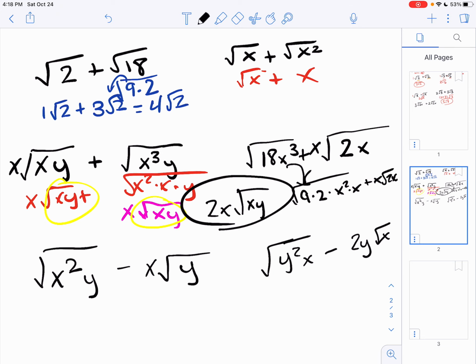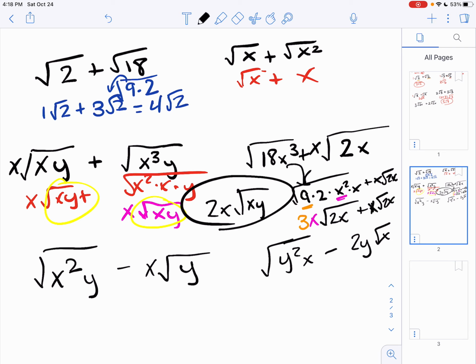So the 9 can come out of the radical as a 3. Then the x squared comes out of the radical as an x. And now what's left is just 2x. And then on the other side, I still have my x radical 2x.